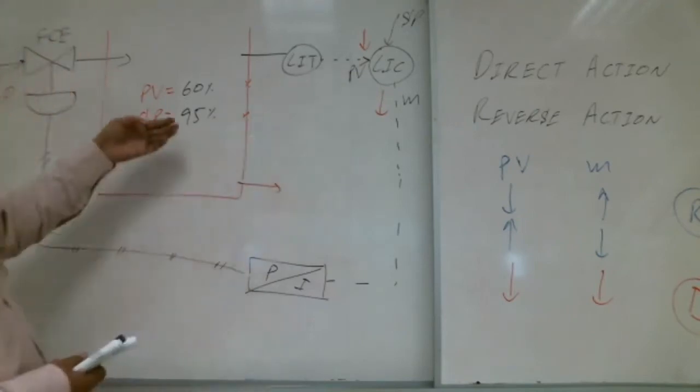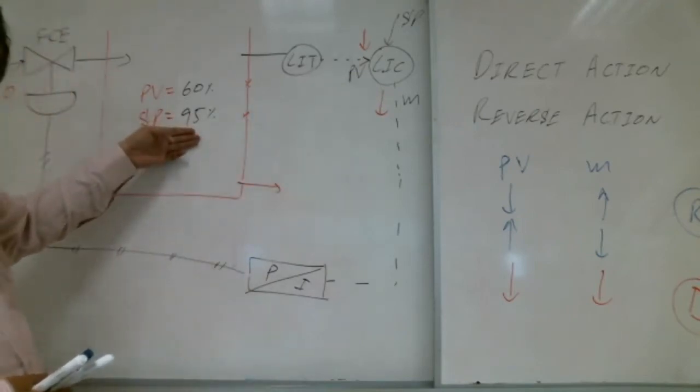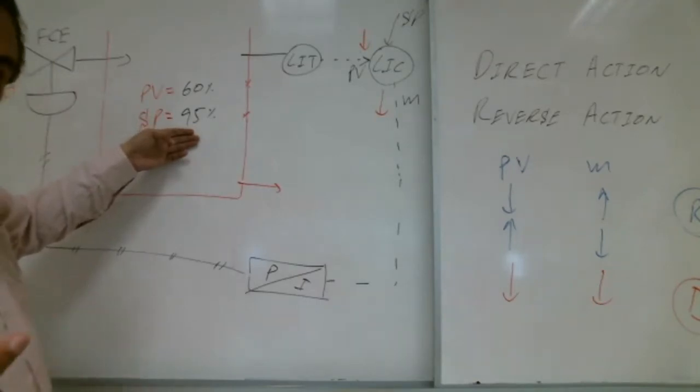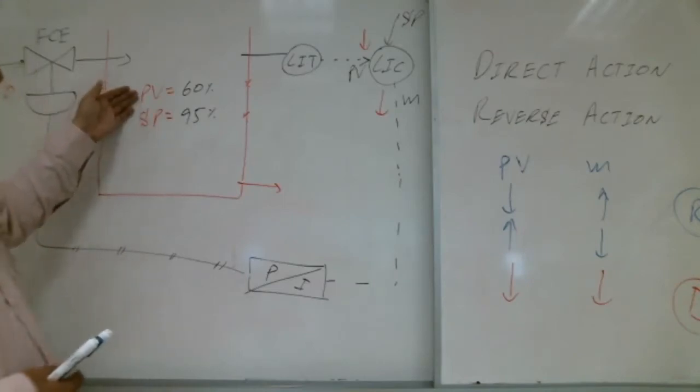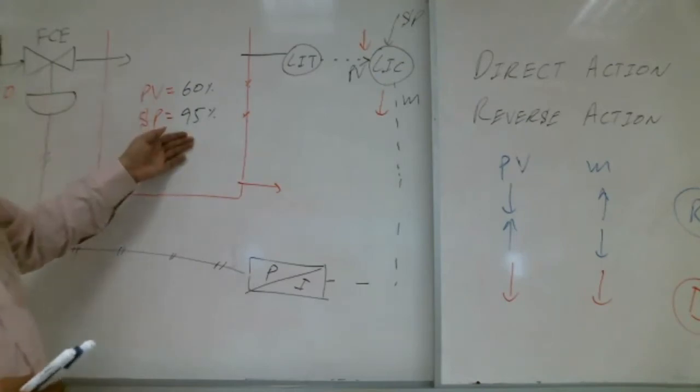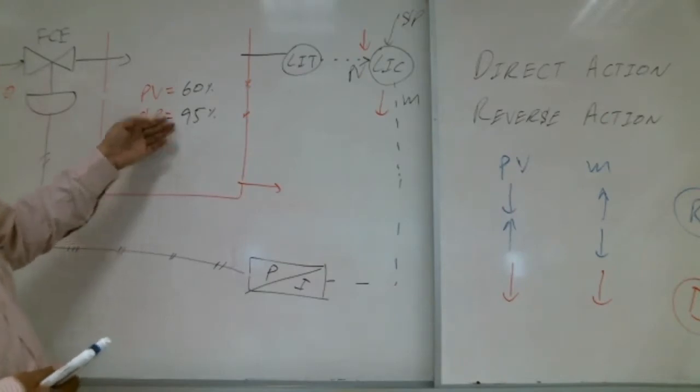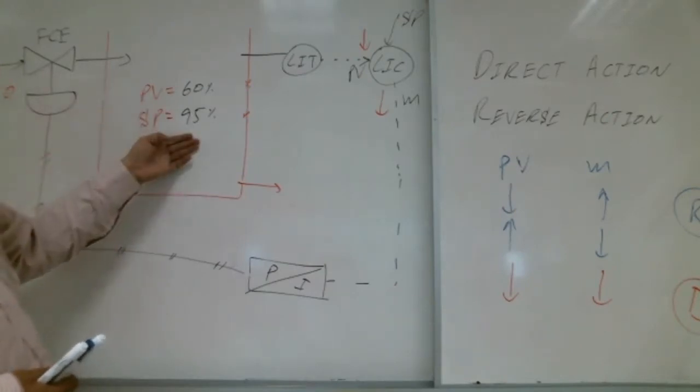What do you want? You want 95%, right? Make it reach 95. That's what you set the set point to, right? Okay. Fine. So right now you are at 60. So you are less than needed or more than needed? You are at 60. You need 95.